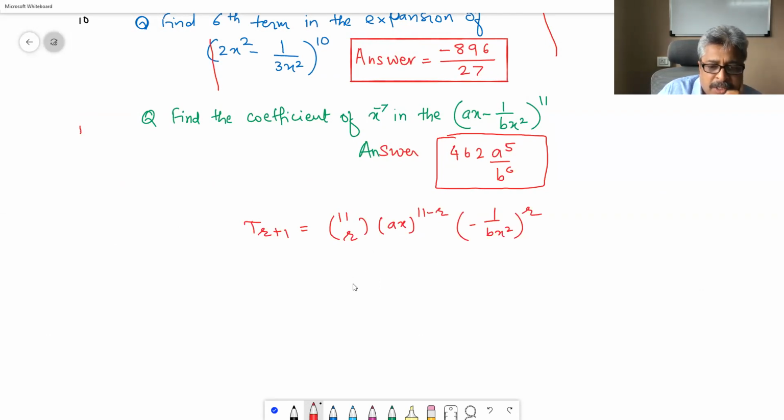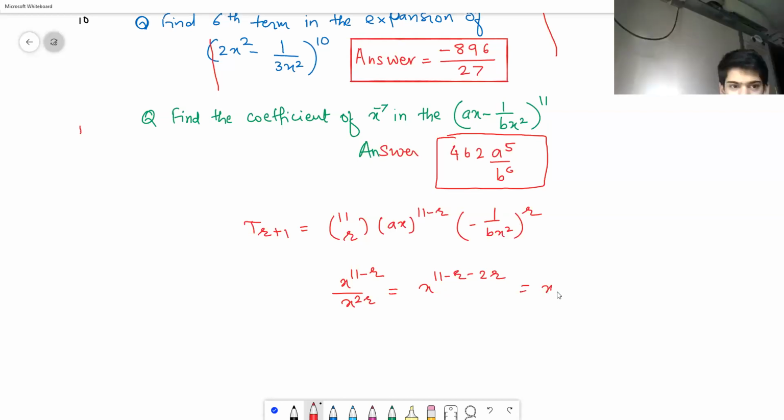So here x raised to 11 minus r divided by x raised to 2r, which is equal to x raised to 11 minus r minus 2r, correct?